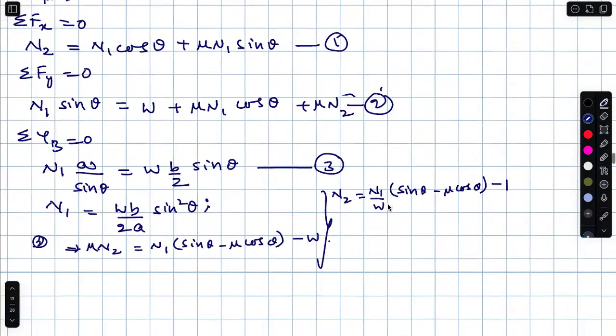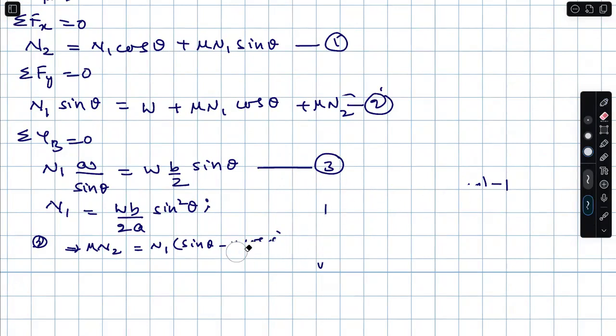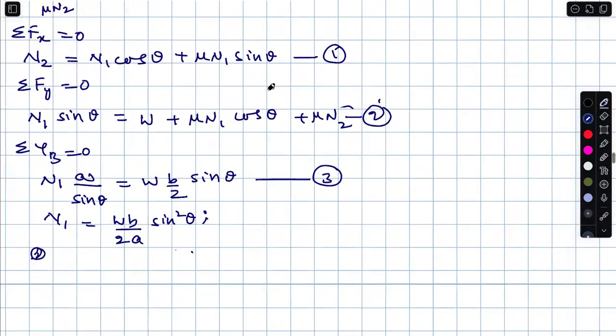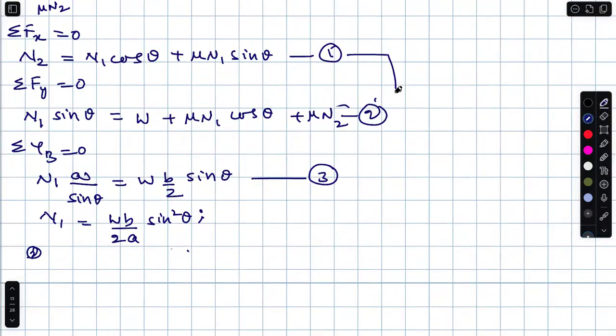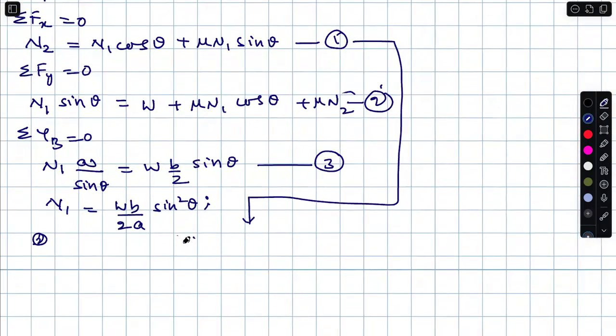First equation is best, right? You are lazier than me. Okay, no issues. The first equation implies N2 is equal to WB by 2A sin square theta times cos theta plus mu sin theta.